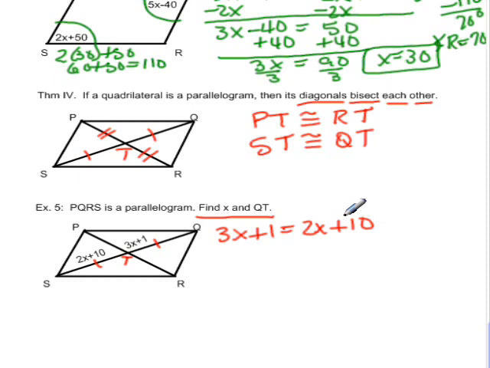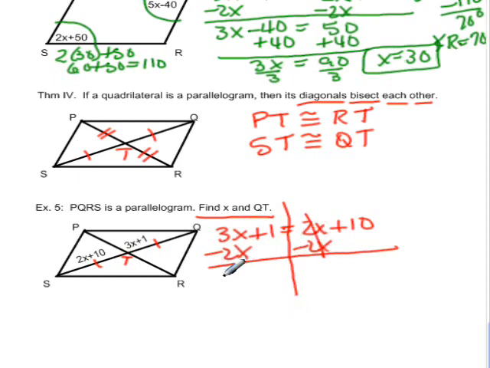Just in case you've struggled on the previous problems with solving equations with variables on both sides, I'm going to run through this one with you. You want to get your variables on the same side. You can see that there are two sides of the problem. You've got x's on the right and x's on the left. So let's move this 2x over to the left by doing the opposite.